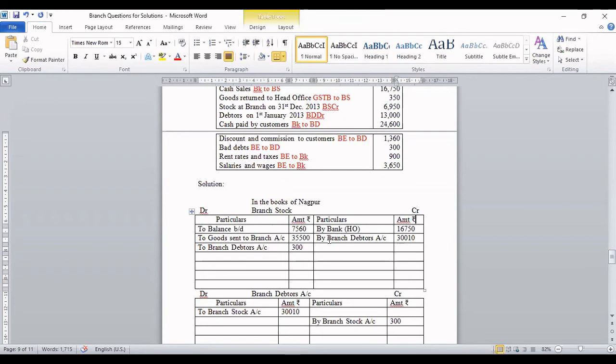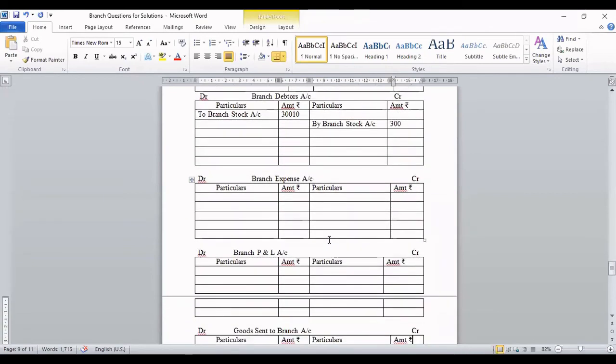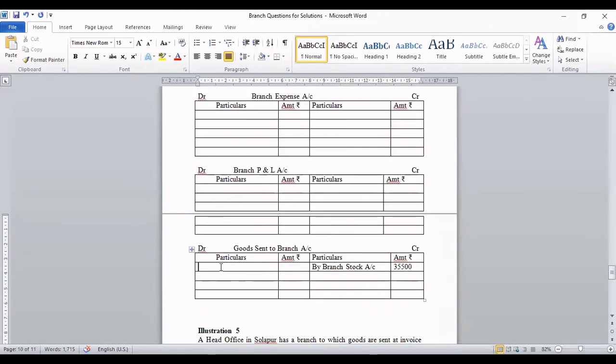Goods returned to head office. So what will be the entry for that? Goods sent to branch, so go to debit account, to goods sent to branch. Here we'll write to branch stock. Amount, 350. Okay, 350.